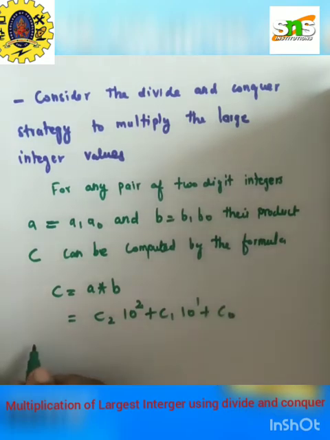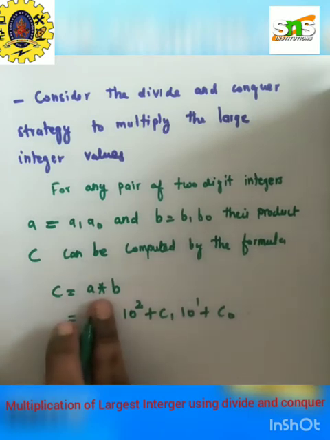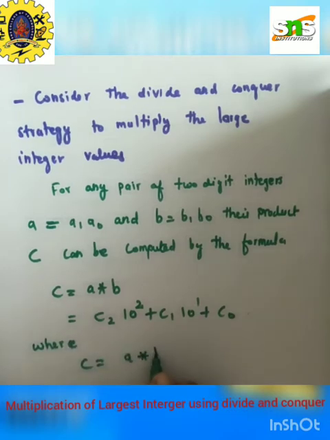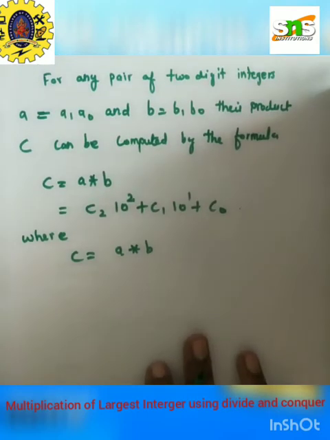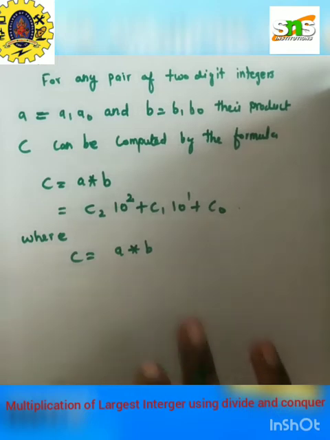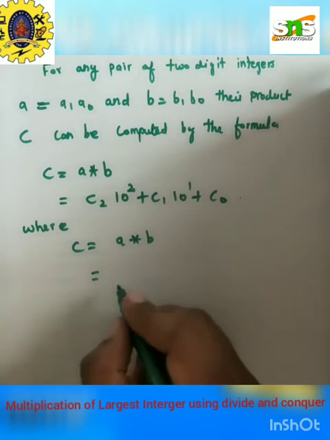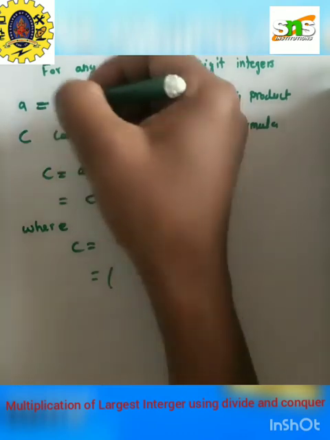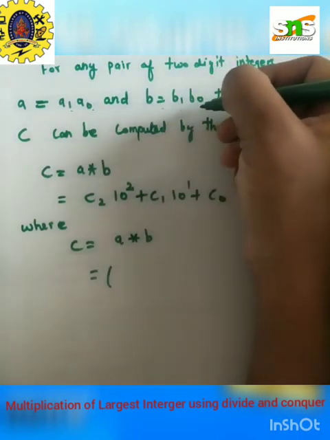Okay, so this is for C equal to A star B. This will be elaborated using some calculations. A is already written as A1 A0 and B as B1 and B0.